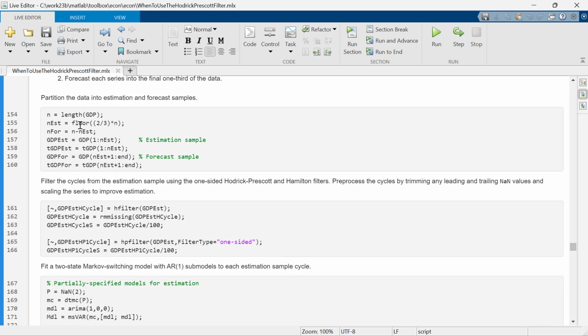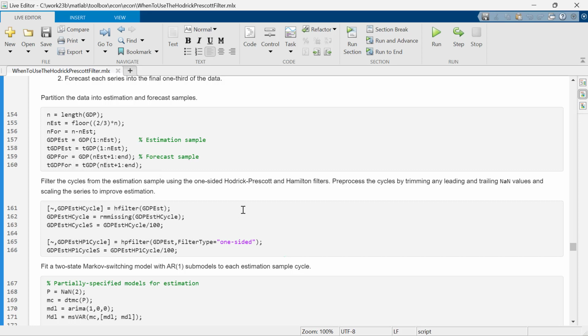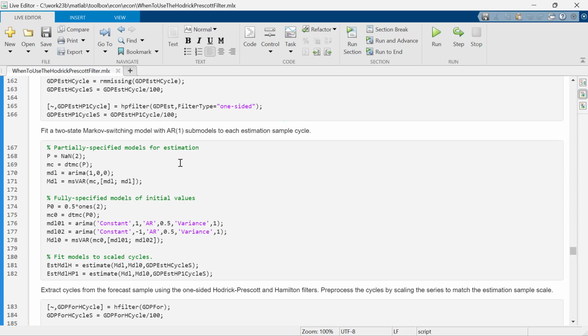The model we're going to fit here is a Markov switching model, which is often used for simple two-state recession expansion models. And we fit a Markov switching model here to both cycles. That's what this is.